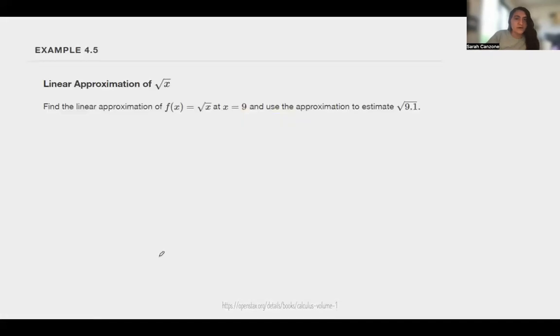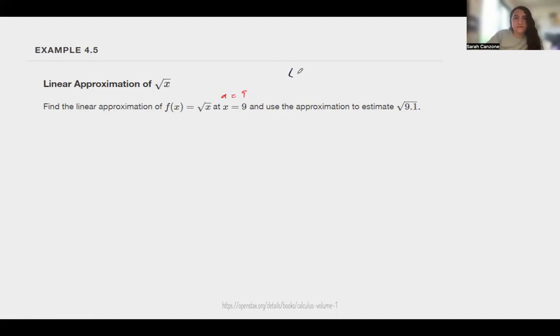All right, so let's go ahead and actually do this example now. Find the linear approximation of f of x equals the square root of x at x equals 9, and use the approximation to estimate the square root of 9.1. So it does say x equals 9. While that is correct, we want to think about it as a equals 9, just because of the formula that they gave us.